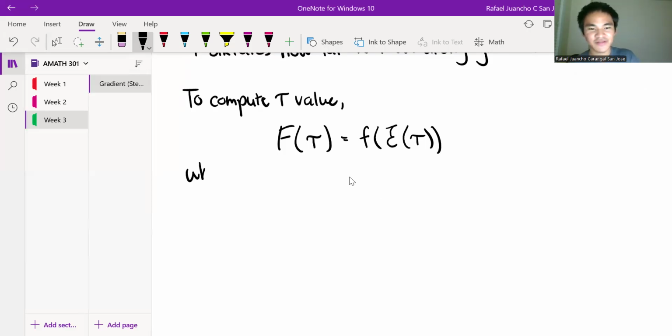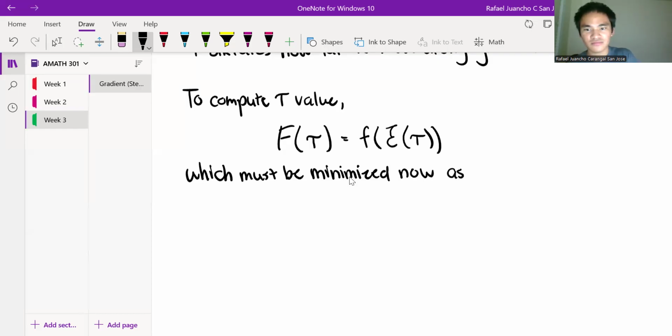So this is something about derivatives. We must minimize this to find the most optimal tau. So let's just do that. How do we do that? Well, if we want to minimize, we want to compute its derivative, right? So we do a partial derivative here of my function with respect to tau.